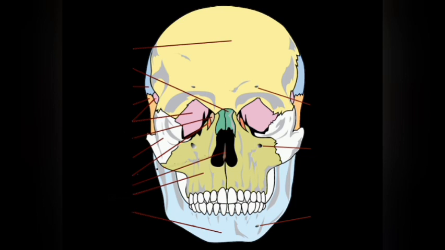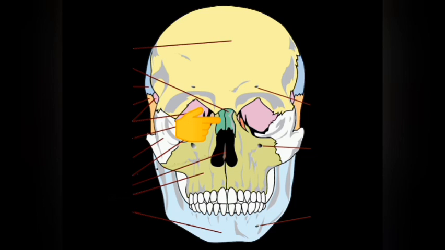There are two zygomatic bones, and two lacrimal bones. When they say lacrimal, all you need to remember is tears. We have two lacrimal bones. This is the smallest bone.